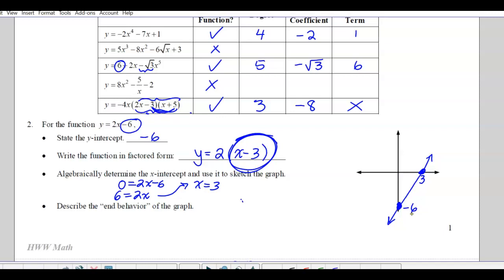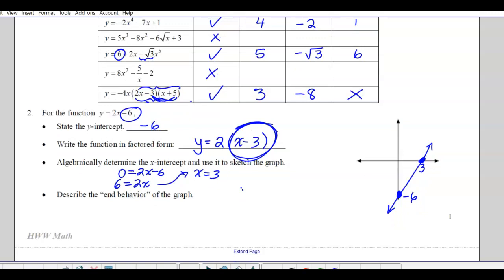Describe the end behavior of the graph. So what does that mean? Well, it means what happens at the ends of the graph. Where are the arrows going? So at the leftmost, this arrow is going down and to the left, and it's already actually partially in quadrant 3.